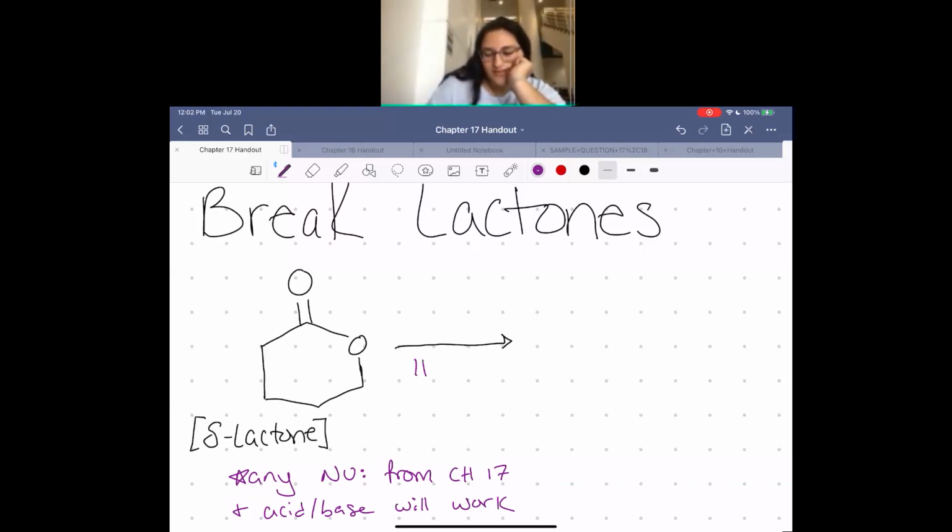So for funsies, let's give this HCl, and to spice it up, let's give you NH2. When we have an acid catalyst, how does that affect the reaction? It makes the electrophile more electrophilic.